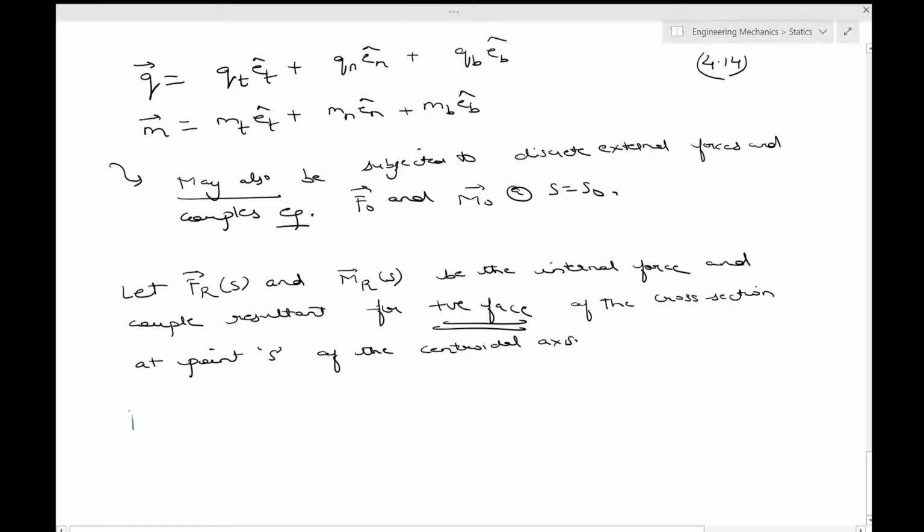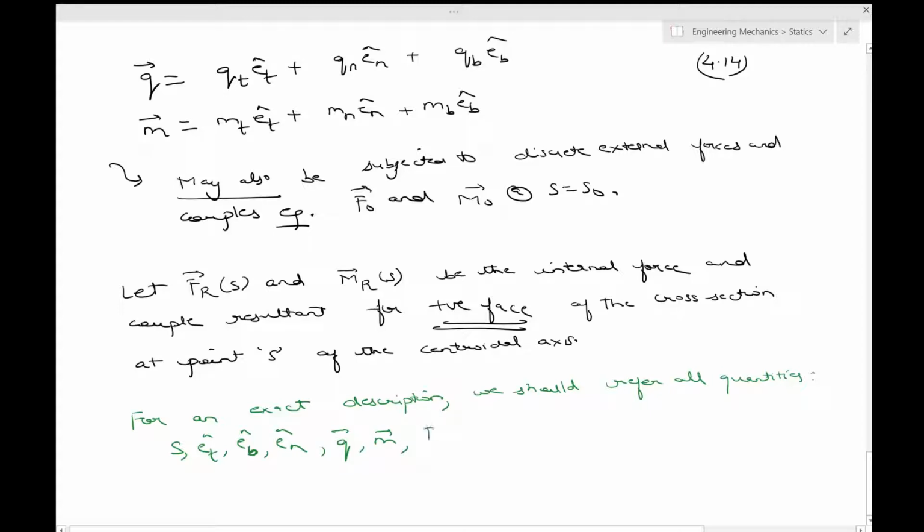For an exact description, we should refer all quantities, S, e_T, e_N, e_B, Q, M, F_R, M_R, even F naught and M naught, to the deformed configuration.